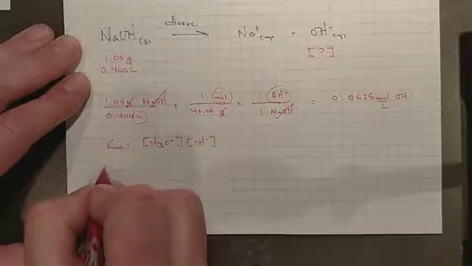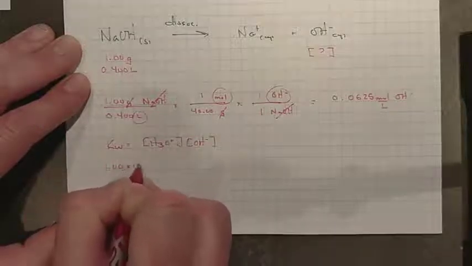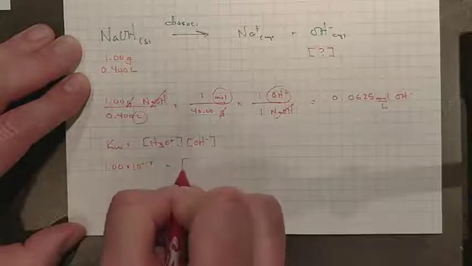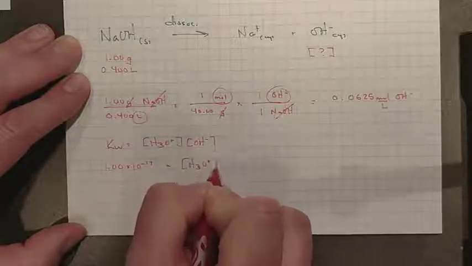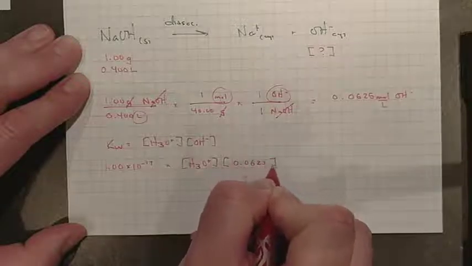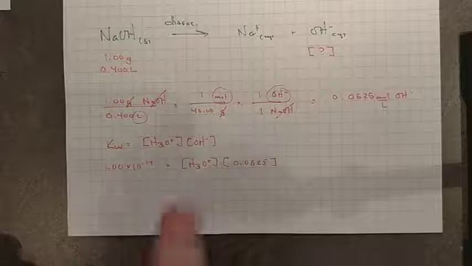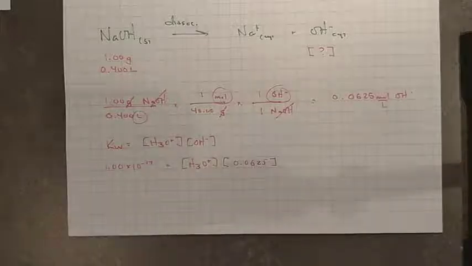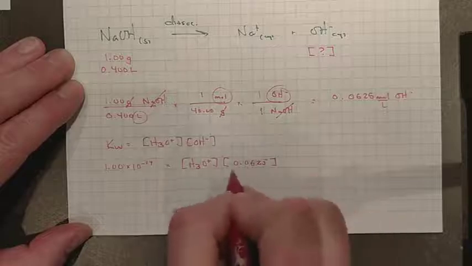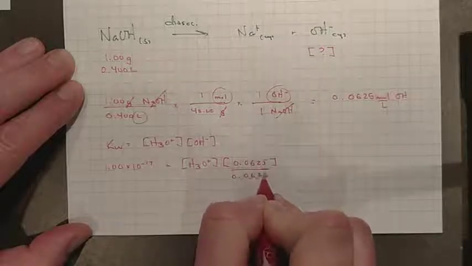So plunk in your numbers. 1.00 times 10 to the negative 14, since we're at SATP. We're looking for hydronium. And our hydroxide ion, we've just figured out, is 0.0625 moles per liter, which again is a fairly big number when we look at these solutions and water's equilibrium. So divide both sides by this big value.